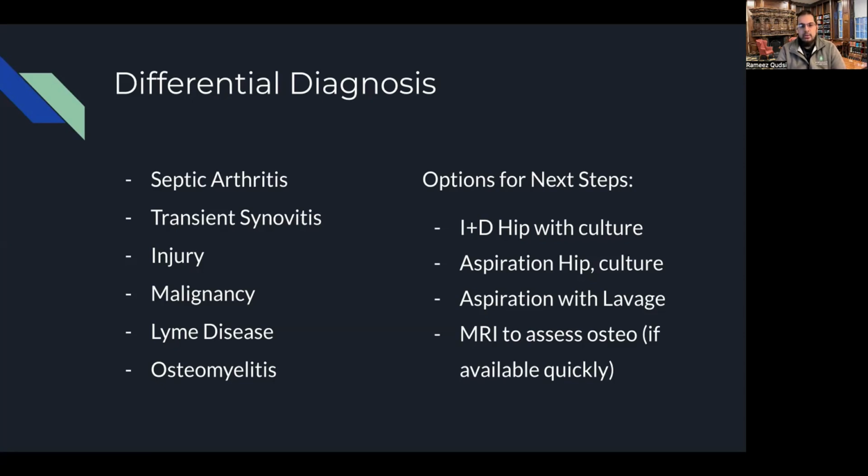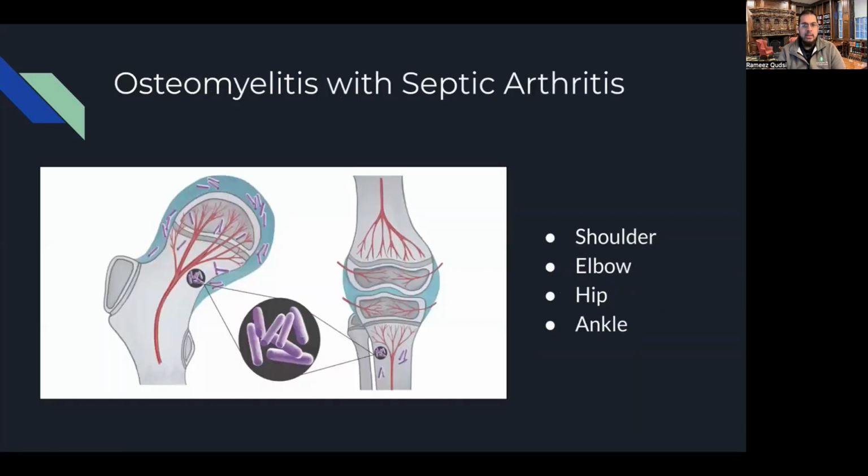And so at that point, we did recommend an MRI to look for underlying osteomyelitis before just going to the OR to wash a joint out, which can then delay an MRI or change the findings. So in some settings, that's useful to do before surgery, only if you can get it quickly. Otherwise, I would advocate just treat the joint in front of you.